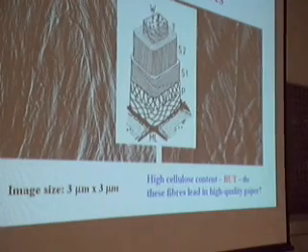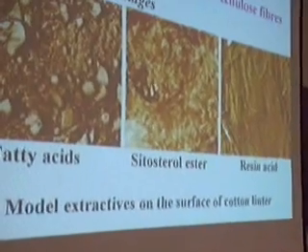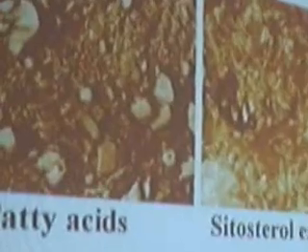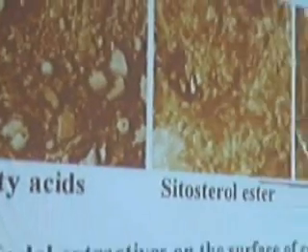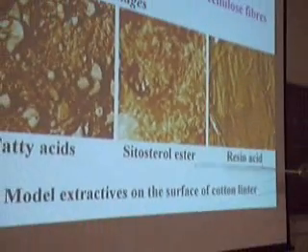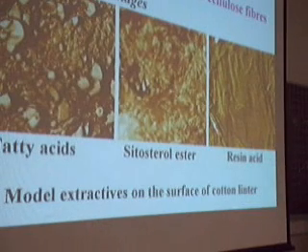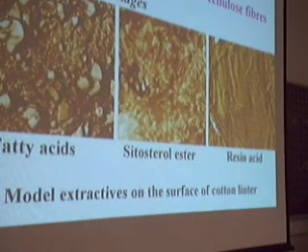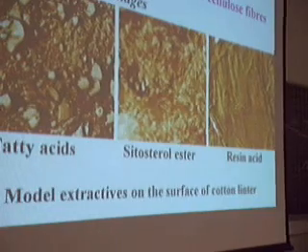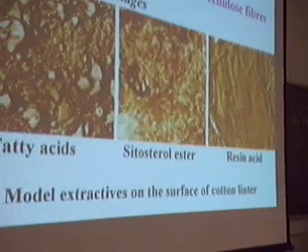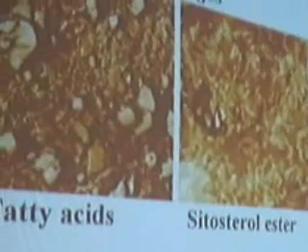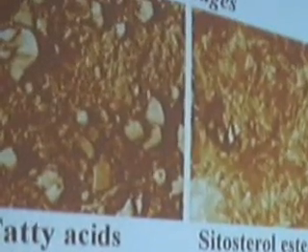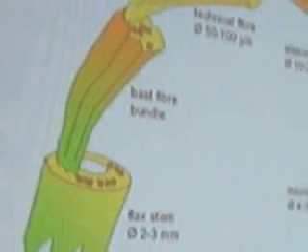What has been shown is that by introducing back, by adsorbing, for example, typical extractives, fatty acids, resin acids, sterol esters, and making paper out of these, the paper becomes much stronger. So by, again, controlling the surface of the raw material, the properties of the end product can be controlled in a quite nice way.